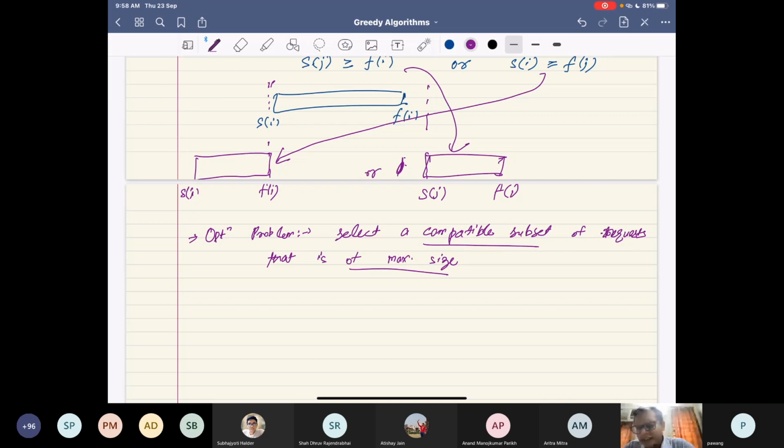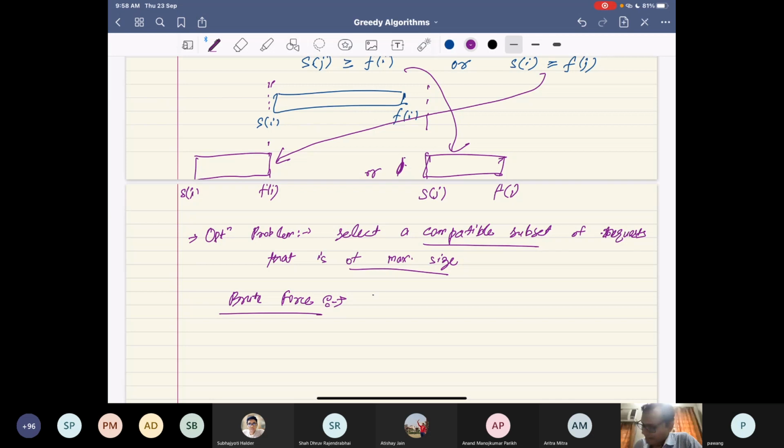Yes, sir. Now, even before DP, even before divide and conquer, we talked about one approach. Anybody remembers? Even before algorithms, there was an approach. Brute force. What is your brute force approach? Try every possible way.